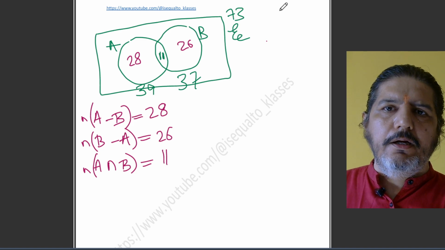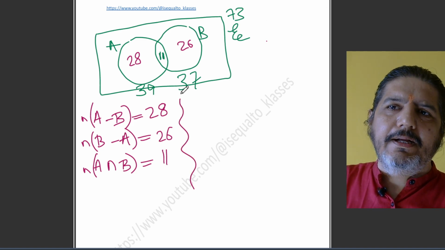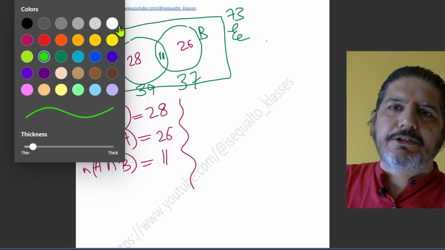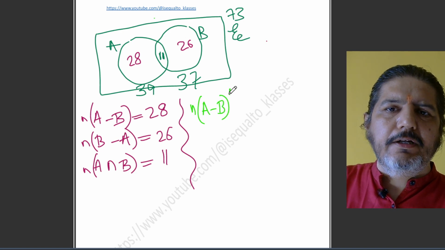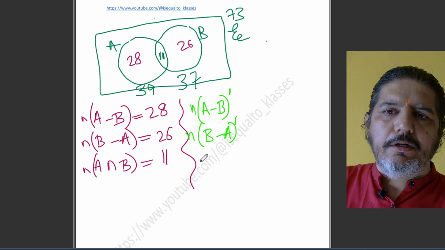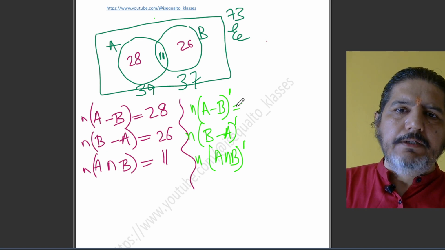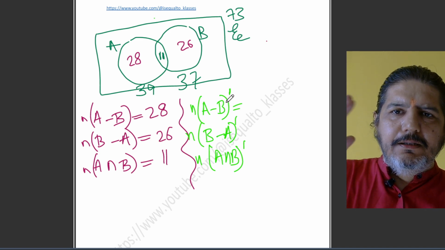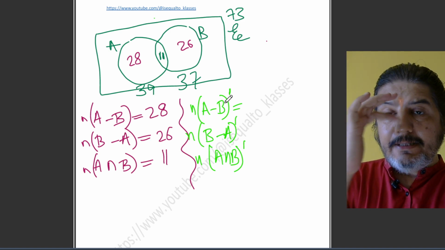Now let's ignore the question for a while and I'll share some other things here. For example, if I have to find the number of elements in A minus B complement, or B minus A complement, or A intersection B complement: leave all the elements in A minus B and consider the rest.